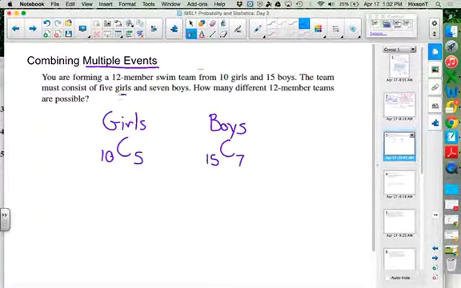Event 1 is picking the girls, and event 2 is picking the boys. Remember we used m for the number of ways the first event could happen and n for the number of ways the second event could happen. So we then multiply those together.